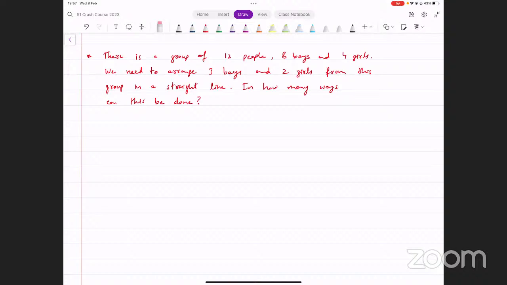Okay, so there's a group of 12 people, 8 boys and 4 girls. We need to arrange 3 boys and 2 girls from this group in a straight line. It's arrangement. All right, so we need to arrange these people. But there's a condition that we need 3 boys and 2 girls.